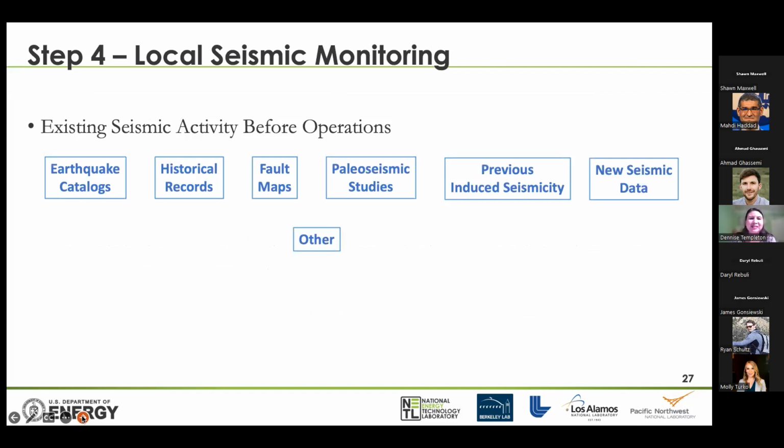Okay, so what existing seismic activity before operations should all operators be looking at? We talk about earthquake catalogs, historical records, fault maps and paleoseismic studies, obviously previous induced seismicity, and potentially gathering new seismic data.